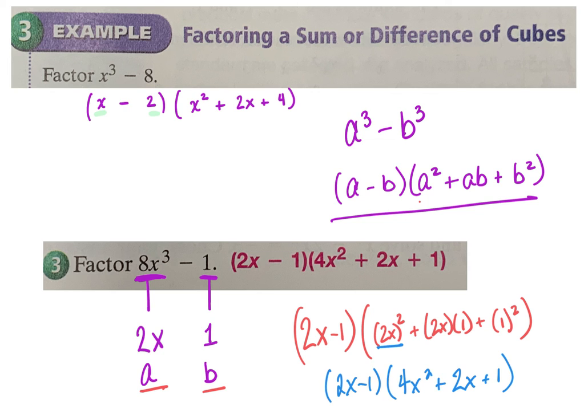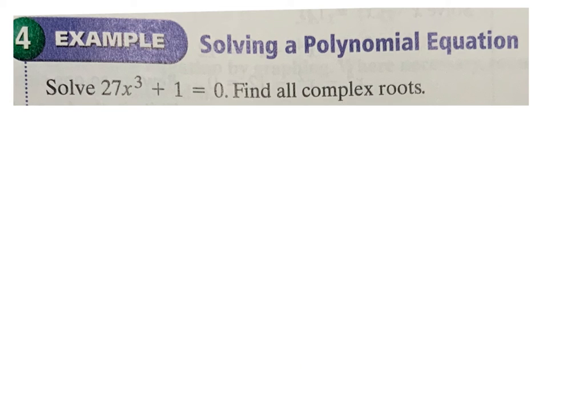If I were to distribute 2x minus 1 through to that trinomial, I would get my 8x cubed minus 1. So you can check these by foiling, by distributing, right? And everything will cancel out except for the 8x cubed and the negative 1. Everything else will cancel out, all right? Make sense? So now that we have mastered factoring, we are going to solve, all right?